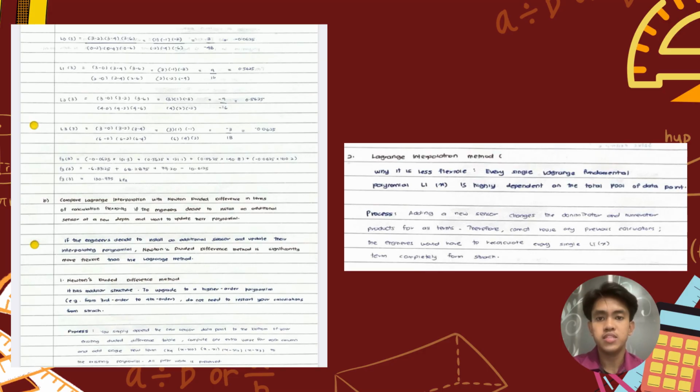The Lagrange method is less flexible because adding a new data point changes the whole polynomial, so the calculation needs to be repeated from the beginning. In conclusion, both methods give the same pressure estimate, but Newton divided difference is more suitable for updating sensor data in practical monitoring.